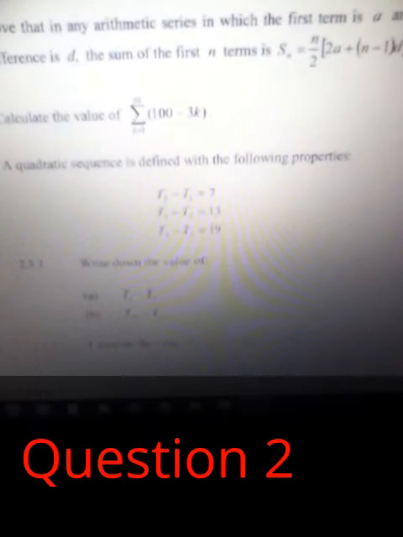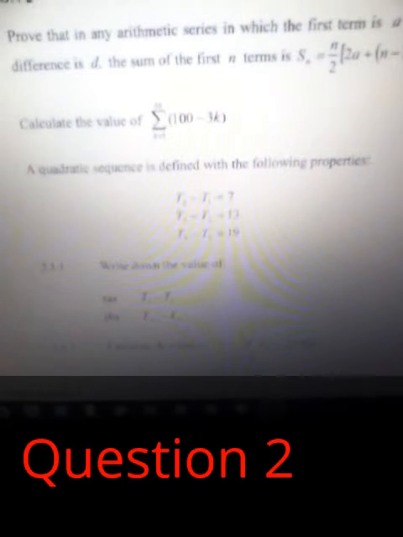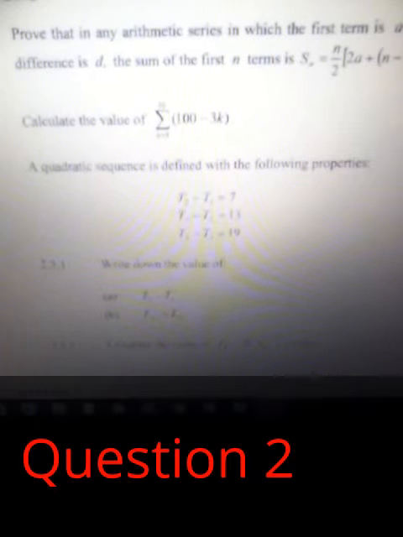T2 minus T1 is equal to 7. T3 minus T2 is equal to 13.